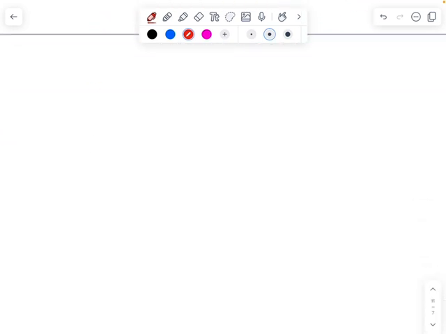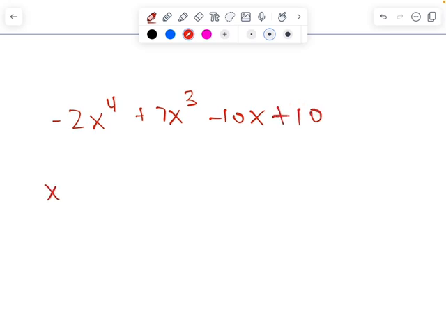This is question 4 on the study guide. We've got negative 2x to the fourth plus 7x cubed minus 10x plus 10. So end behavior. End behavior is about what happens when it approaches negative infinity and when it approaches positive infinity. So on a graph, let's just draw this off to the side.